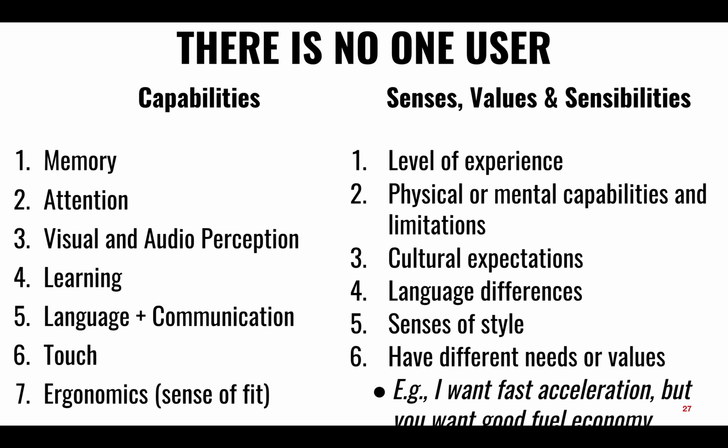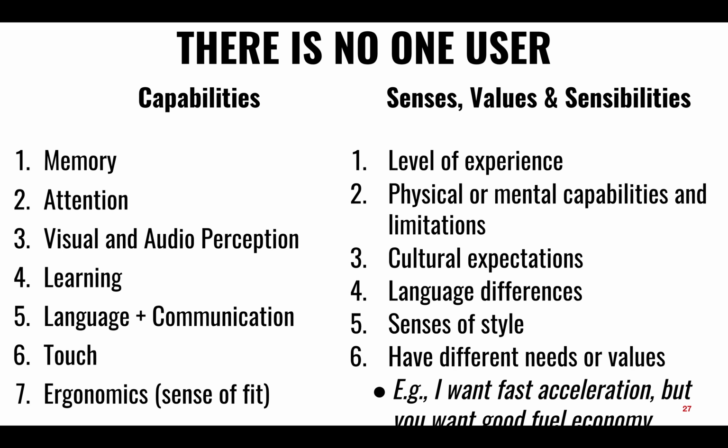Everyone will have different types of capabilities, right? We'll have different learning capabilities, different memory, being able to retain information, being able to learn new things. Everybody will have different levels of experience, different cultural backgrounds, right? Different ways to interpret different things. Some people will have different sensibilities, right?